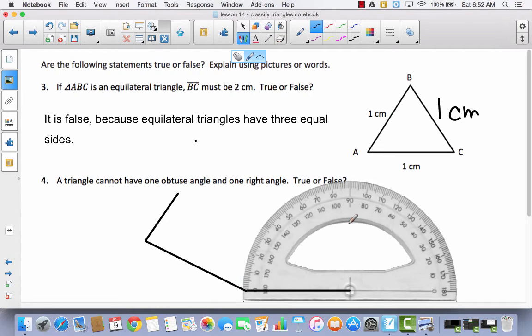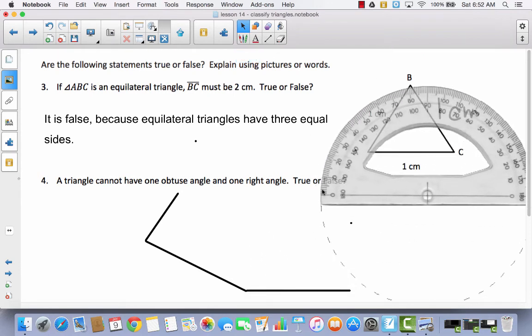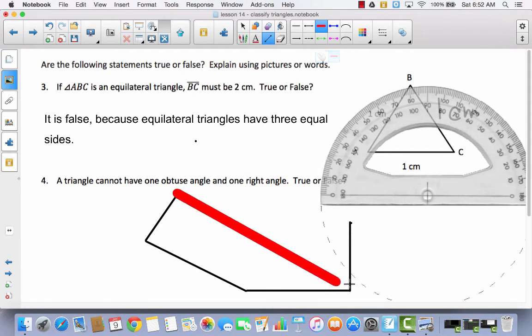This isn't going to make a triangle either. I'm going to use 2 different colors here. This would be if I connected this and tried to make a triangle. That doesn't make a triangle.